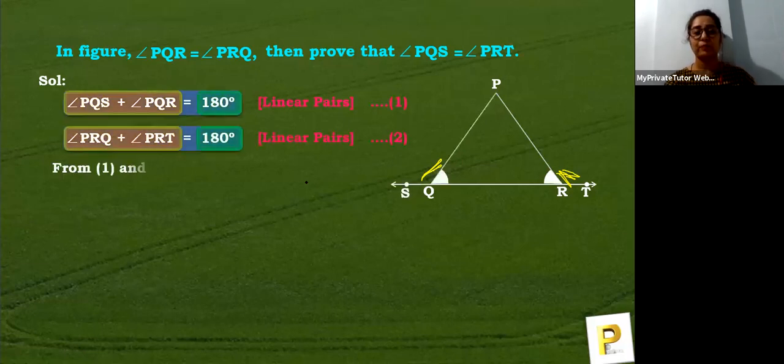Okay. From 1 and 2, what can you say? They are equal, right? Because for example, if this part measures 60, and this also measures 60, what will happen? So 180 minus 60 is how much?